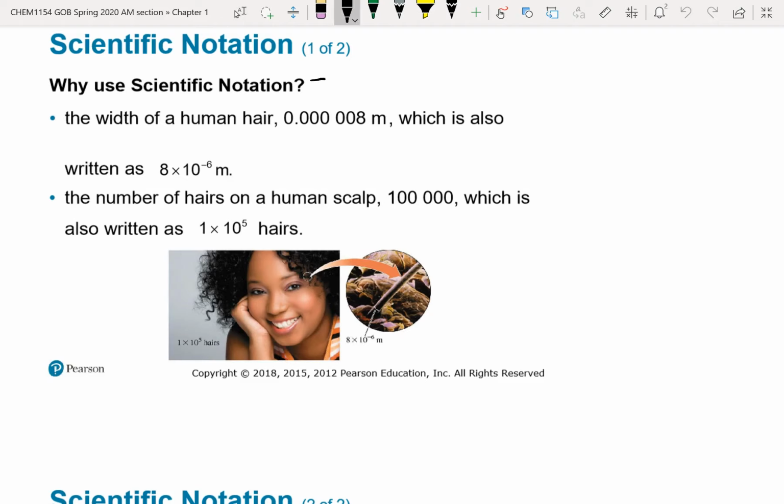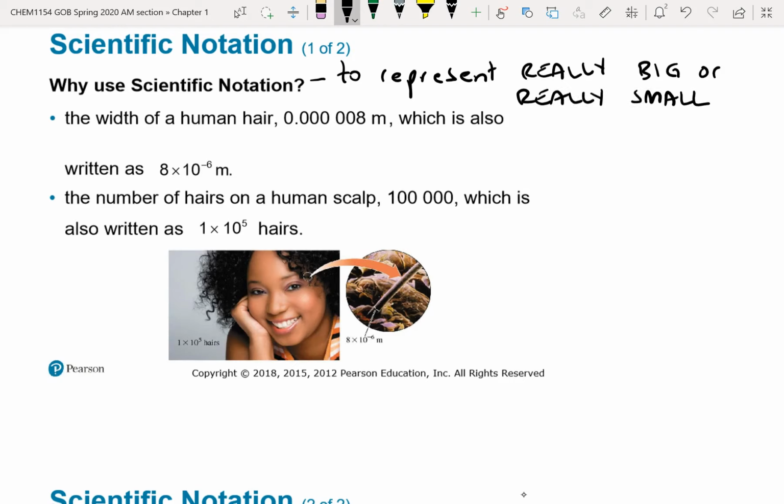We use it to represent really big or really small numbers. We typically wouldn't use scientific notation if we wanted to say there are 48 students in class. It takes too much work to convert that to scientific notation rather than just saying 48.